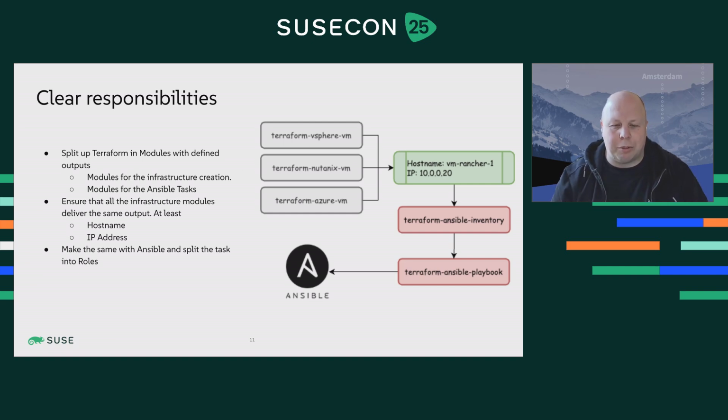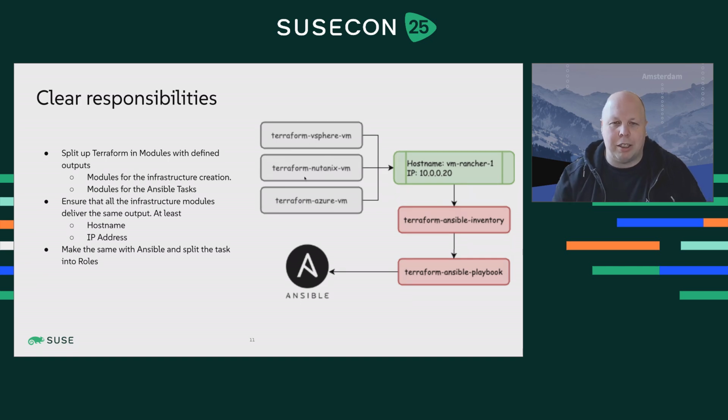We now have other customers who use, for example, OpenStack, which also has a Terraform provider, so it will be easy for us to integrate other hypervisors, since in the current state, all that Ansible needs is a hostname and IP to reach the created virtual machines. All the other configuration is handled inside the module.